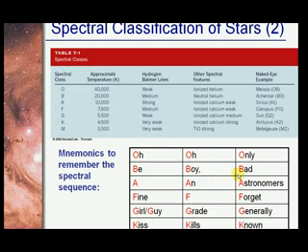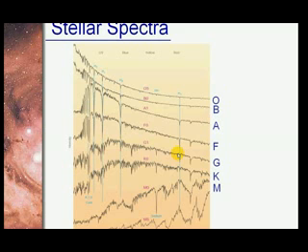These are different ways to memorize the spectral types. These are different spectra, different profiles of the spectral types, and in each profile the wavelength is on the x-axis and the intensity is on the y-axis, and the intensity can be shown at different scales.